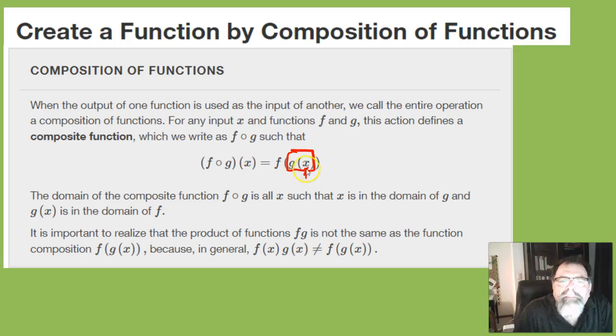You're going to take the x value, plug it into the g function, and get a y value. That's the g of x, or an output value. Then you take that output value from g, and plug it into f to get another output value for the composition. So you take x, plug it into g, get a value, take that value, plug it into f, and get a new value. And we call this process composition.